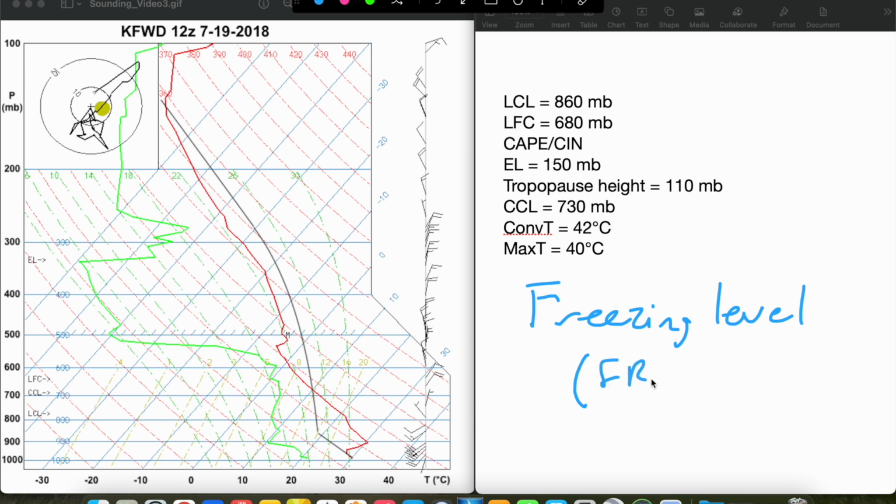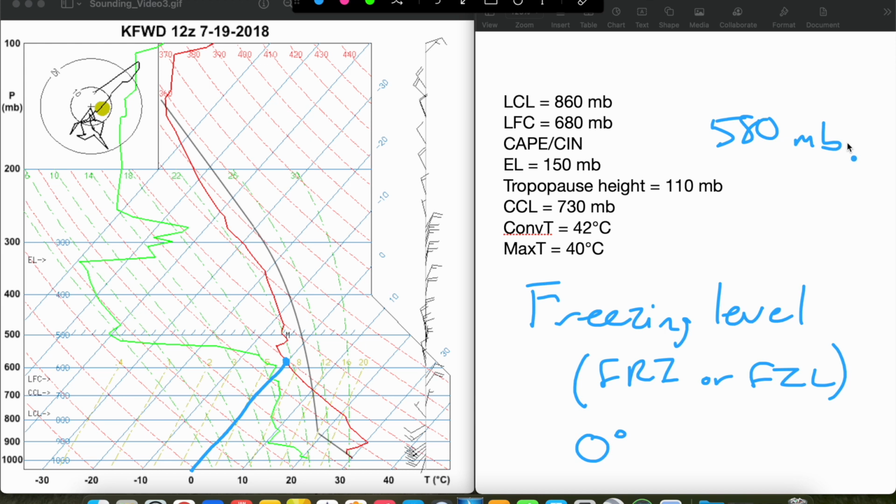It's abbreviated FRZ, or I've seen it as FZL on the SPC soundings, but the freezing level is basically the level where the 0-degree isotherm intersects with the environmental temperature profile. So all we do is find our 0-degree isotherm here, which is going to be this one. We go all the way up, and wherever that intersects with the environmental temperature profile is our freezing level. So in this case, it's going to be just above 600 millibars, probably something like 580 millibars.